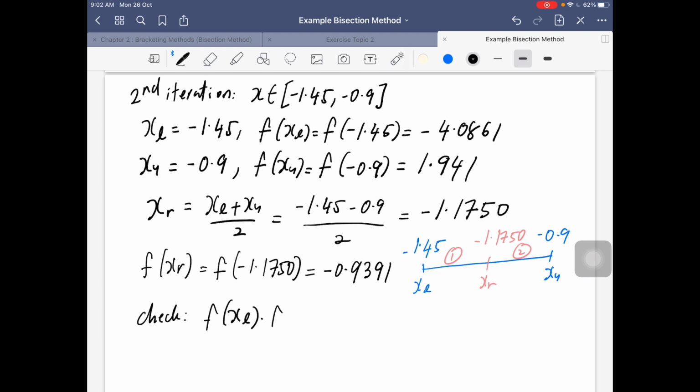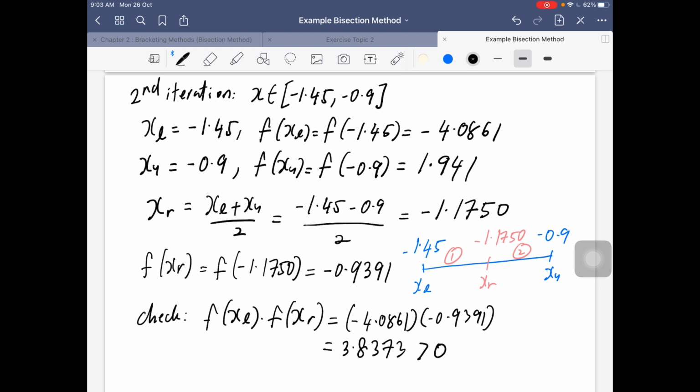Okay, now we check FXL multiplied with FXR. Since we have negative 4.0861 multiplied with negative 0.9391, you should get 3.8373, which is greater than 0.